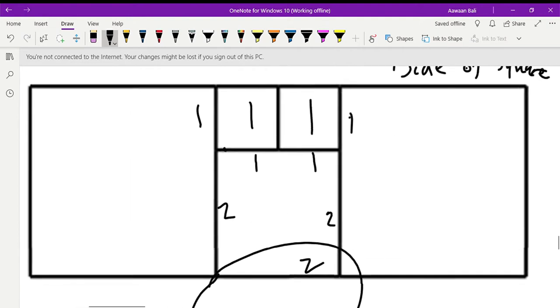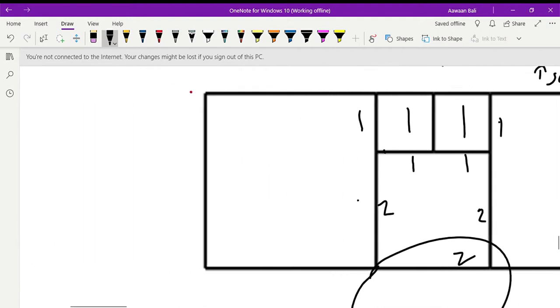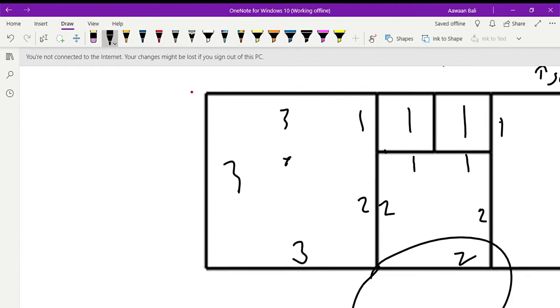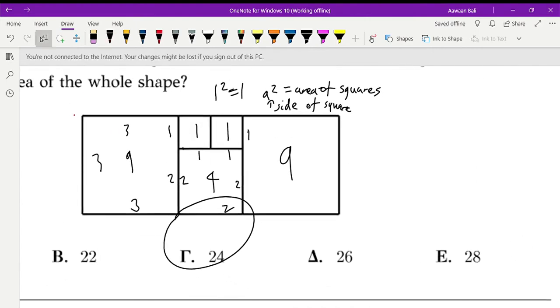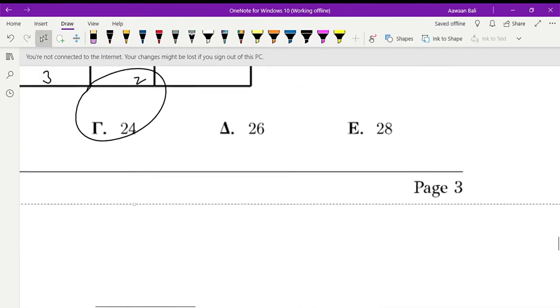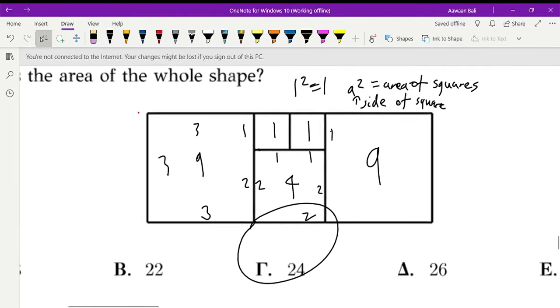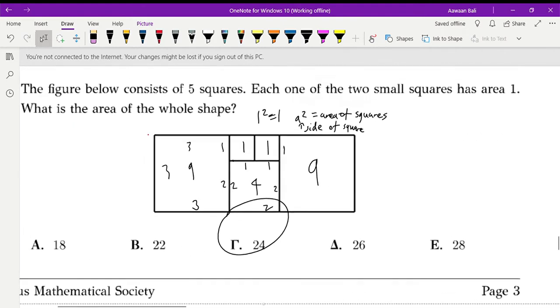And again, these two sides merge with the 1 and the 2, so we get 3, 3, and 3. So 3 squared is 9, 2 squared is 4, and then 9 again. Then you can add all the areas up. So 9 plus 9, 18, plus 4, 22, plus the 2 is 24.